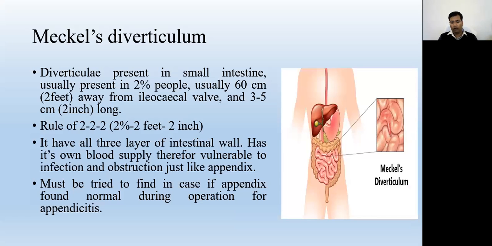Now the most important, that is the Meckel's diverticulum. The exception in Meckel's diverticulum is that mostly all the diverticula are present in the mesenteric border of the intestine. But the exception is that Meckel's diverticula are present in the anti-mesenteric border, means the opposite border of the intestine where the mesentery is not attached.